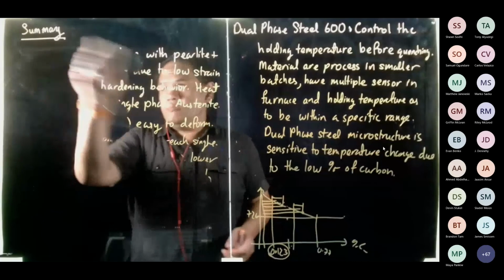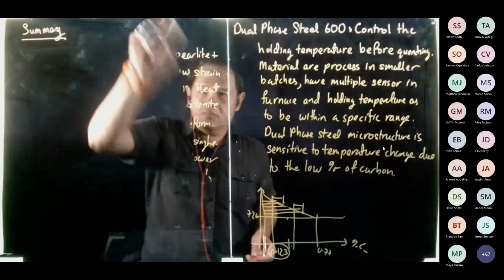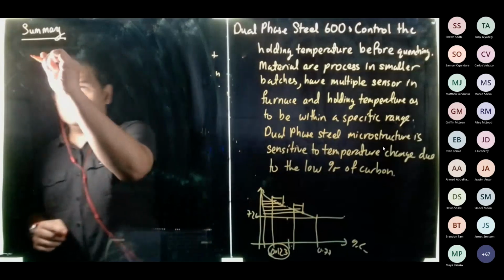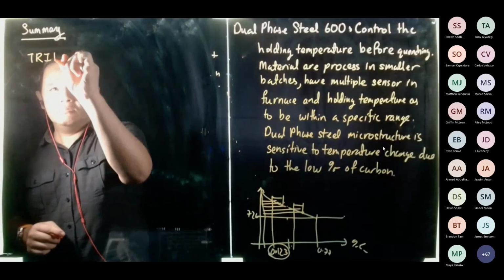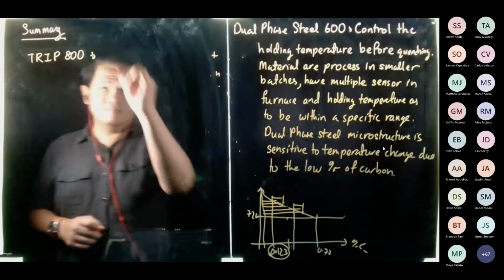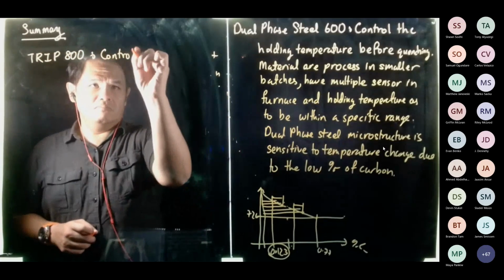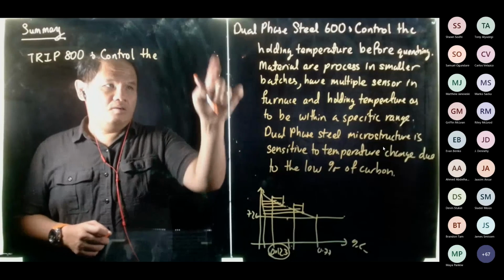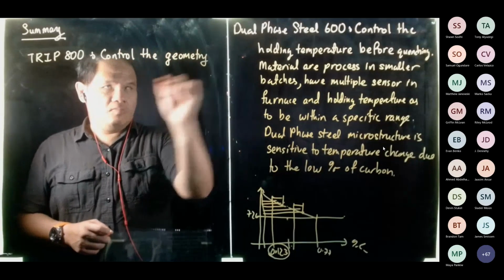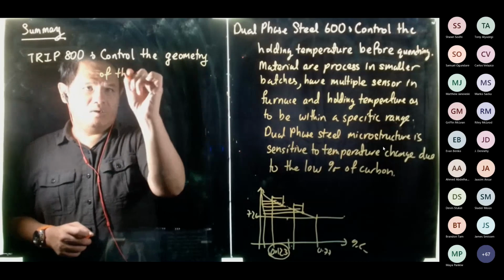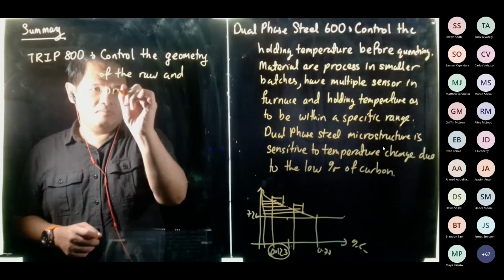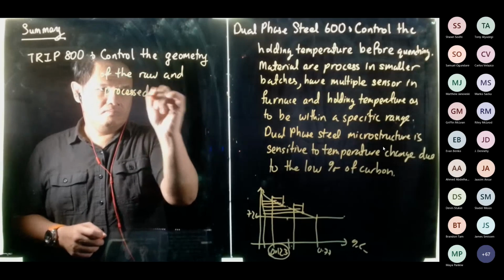And finally, for TRIP 800, you have to control the geometry of the raw and processed material.